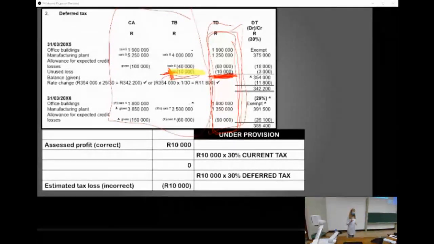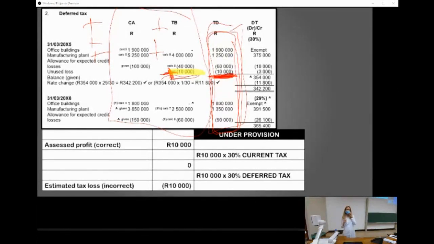On that point, you will see many times in your homework questions that the carrying amounts of all assets and liabilities are put in as positive amounts. Have you seen that? Sometimes the carrying amounts and the tax bases are all put in as positive amounts, and then when we get to the temporary difference, the signs are correct.